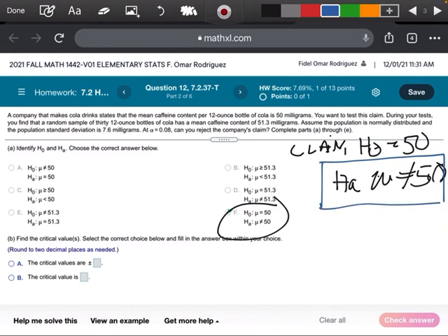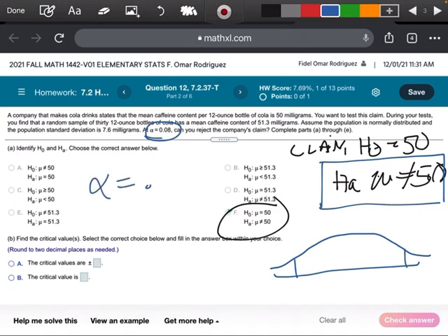Remember, my Ha tells me whether this is a left-tail, right-tail, or two-tail test. Since it's not equal to 50, this is going to be what we call a two-tail test, right? So we're going to have our critical values.